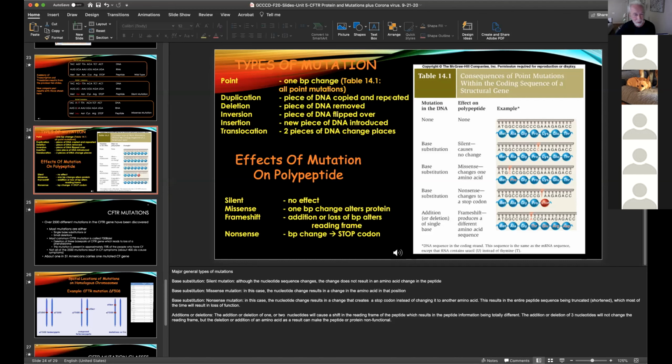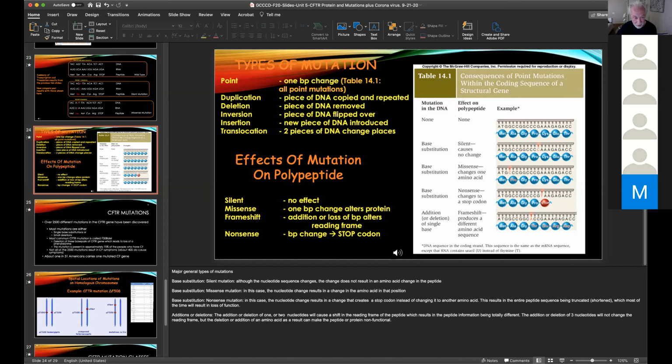And because it changes the sequence, it is a mutation. A deletion is just that. A piece of DNA is removed. An inversion, a piece of DNA is flipped over so that its sequence runs backward. It's a very large mutation. An insertion is when a new piece of DNA is introduced, and an insertion can be anywhere from very small, 1 or 2 nucleotides, to very large. It could be a kilobase or more.